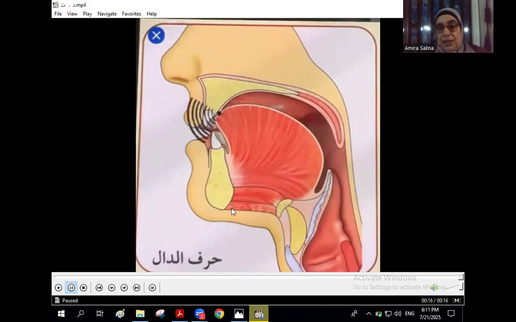Ad, ad, but it's light. Back of the tongue is lowered, epiglottis is at its place. Sound only passes after the articulation point is open.